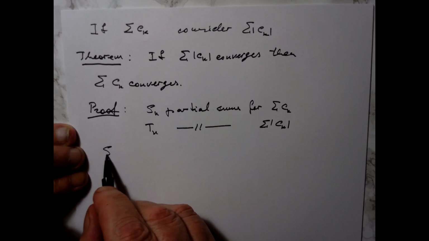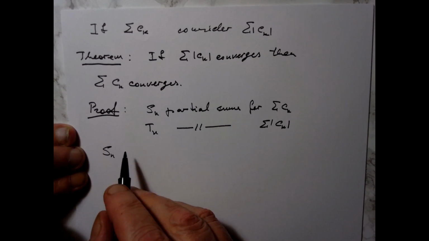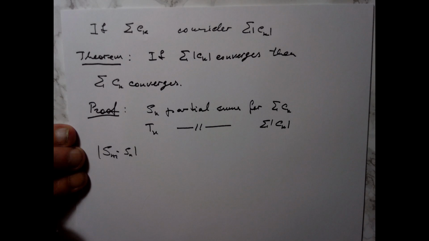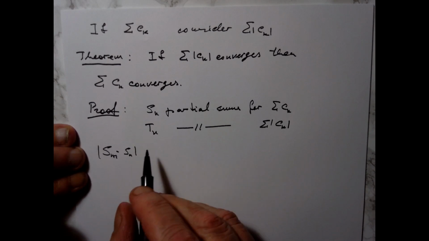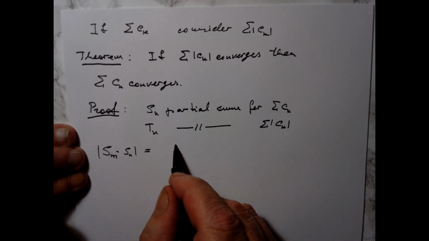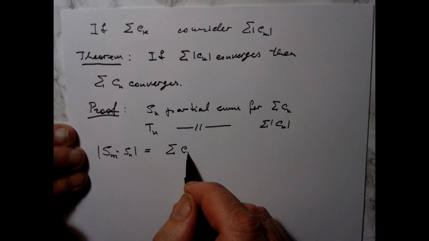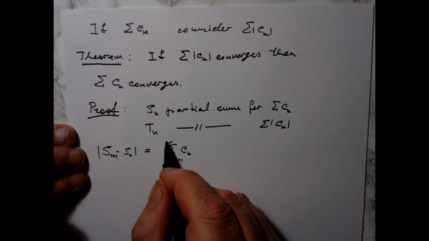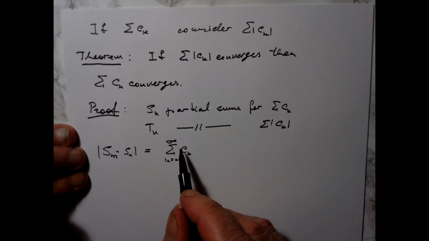Then remember S_n minus S_m, or S_m minus S_n, must converge to 0. This is the Cauchy criterion, and this will be equal to the sum of c_k, k from n plus 1 to m.